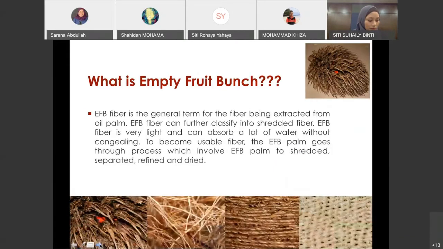Okay. Let me introduce what empty fruit bunches are. Empty fruit bunch is a general term for the fiber being extracted from palm. Okay, as you can see on the right, this one is an oil palm EFB, empty fruit bunch.